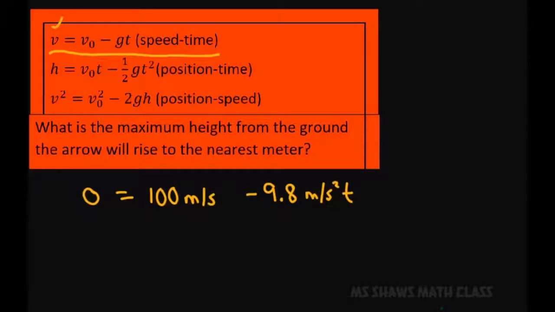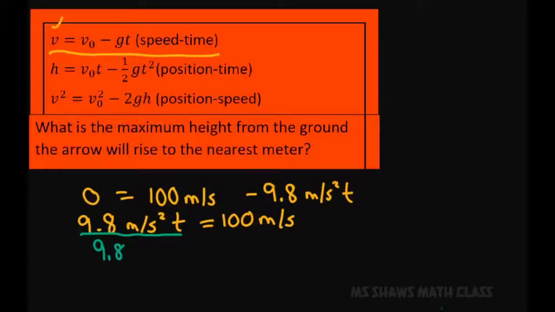When we solve for time, we're going to add 9.8 to both sides of the equation. So you get 9.8 meters per second squared times t equals 100 meters per second. Then divide both sides by 9.8, and divide by meters per second squared.